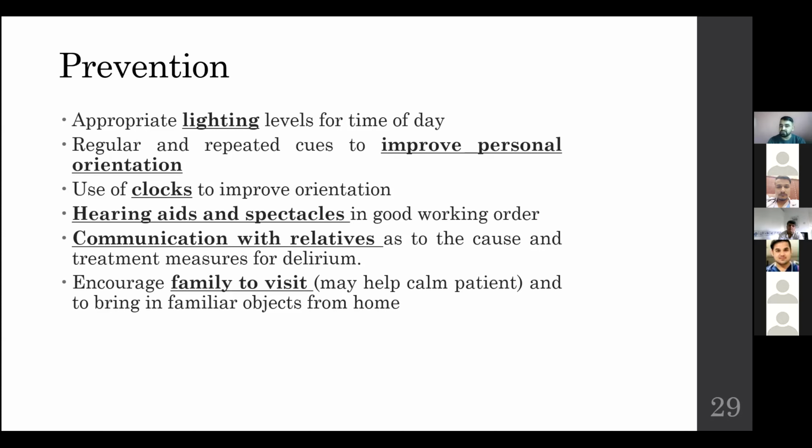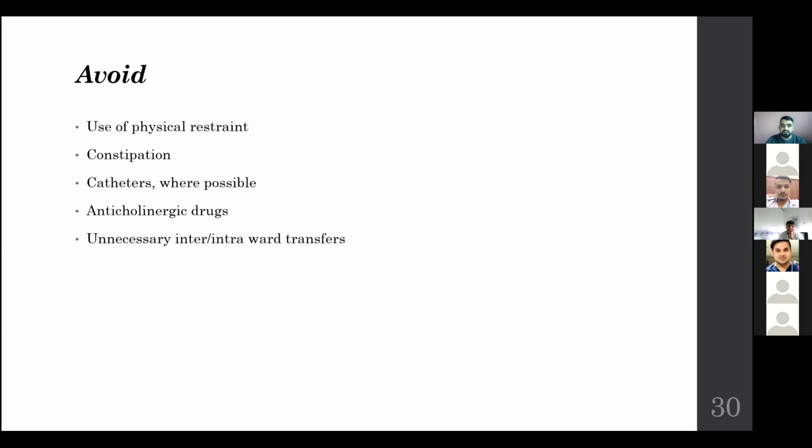Hearing aids and spectacles should be in good working order, and there should be communication with the relatives about the cause and treatment measures for the delirium, as they can be very anxious for their patient. Encourage family to visit and bring in familiar objects that they love from home. These are some prevention techniques.